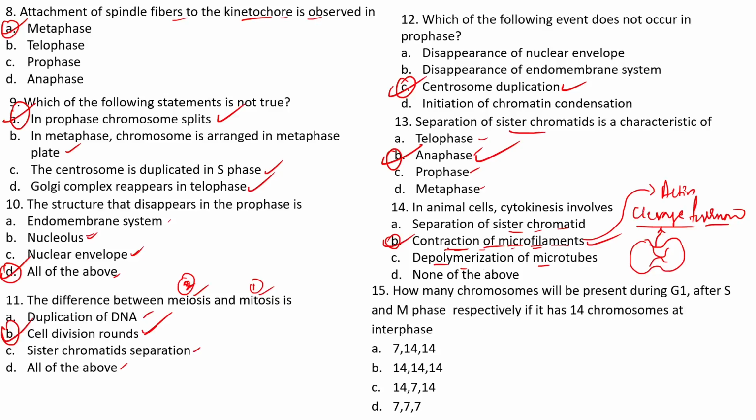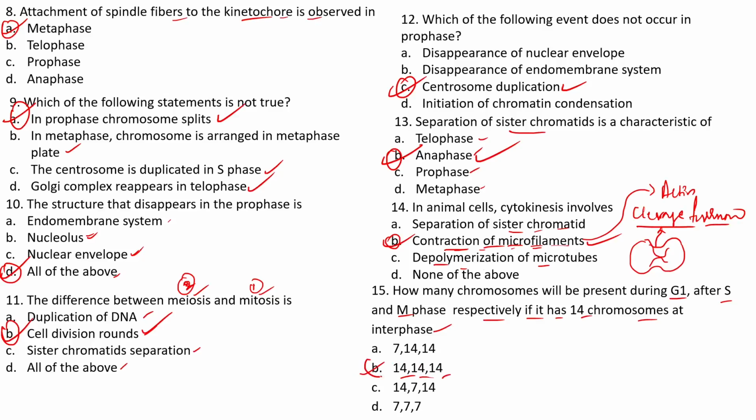The next question, how many chromosomes will be present during the G1, S and M phase respectively if the cell has 14 chromosomes at the interphase or at the beginning? There is no increase and also no decrease in the number of chromosomes. It is going to remain the same. So the number of chromosomes during the G1, S and M phase is 14, 14, 14.